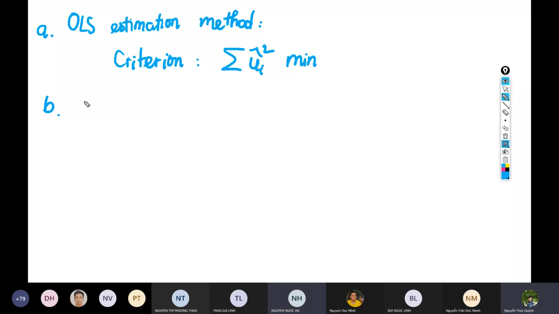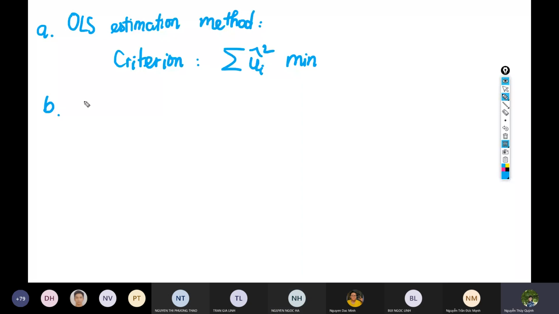What is the assumption about it? It is not unknown, it is 0. Unknown is different from 0. So here the assumption is that the conditional expected value of the disturbance ui is equal to 0. All right, that is the third assumption.